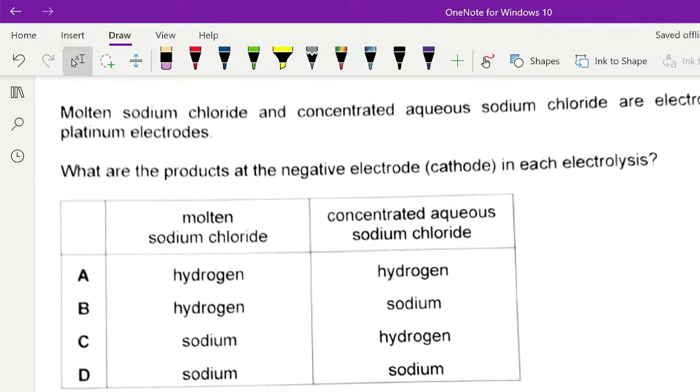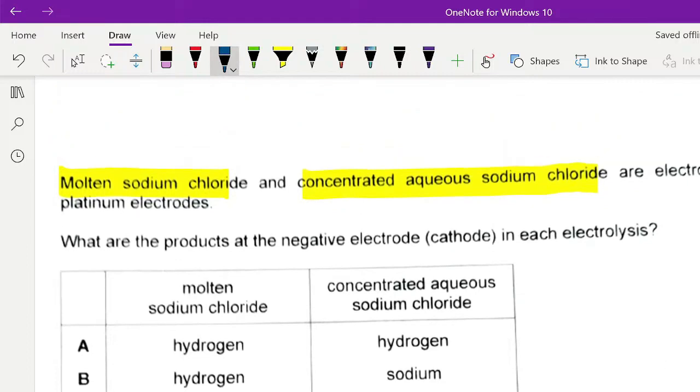Molten sodium chloride and concentrated aqueous sodium chloride. So why am I asking a similar question? Because I want you to take note of the difference between molten and concentrated sodium chloride. All right, molten sodium chloride contains only 2 ions, sodium and chloride. So your products will be sodium atom or metal and chlorine gas.